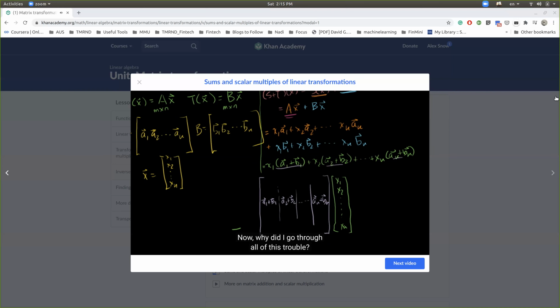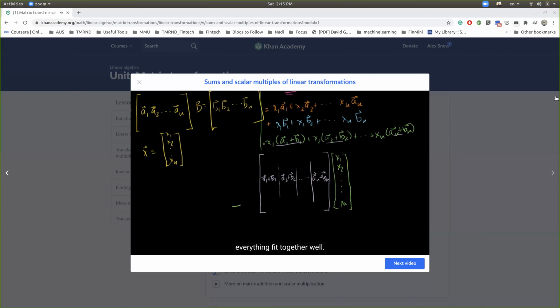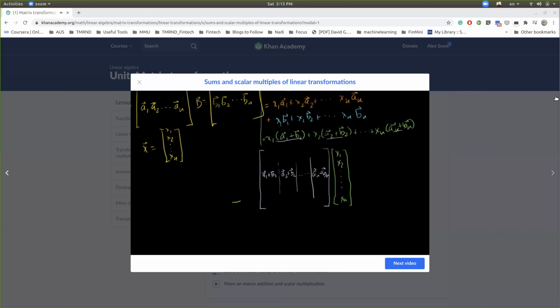Now, why did I go through all of this trouble? Well, I can make a new definition here that'll make everything fit together well. I'm going to define this matrix right here as A plus B. So my new matrix definition: if I have two matrices that have the same dimensions, and they have to have the same dimensions, I'm defining A plus B to be a new matrix where you add up their corresponding columns.